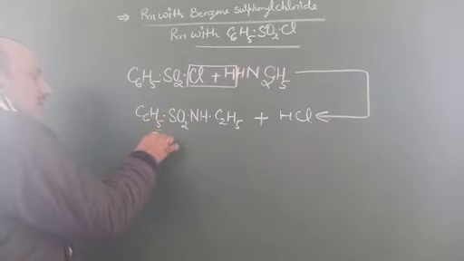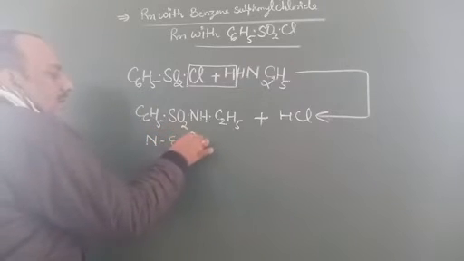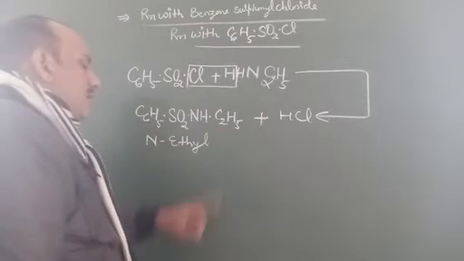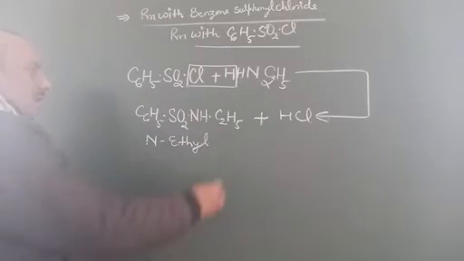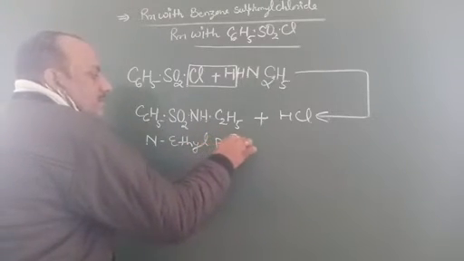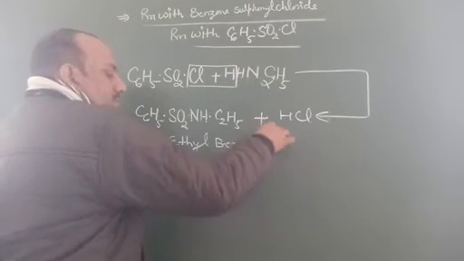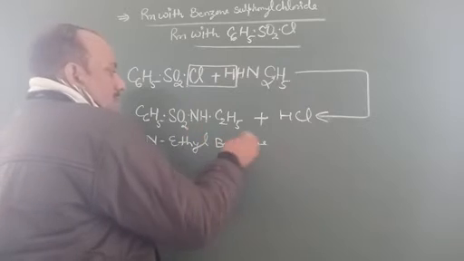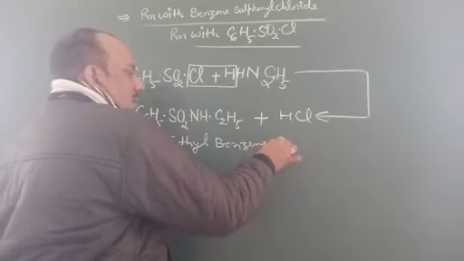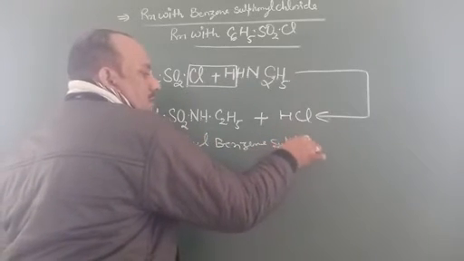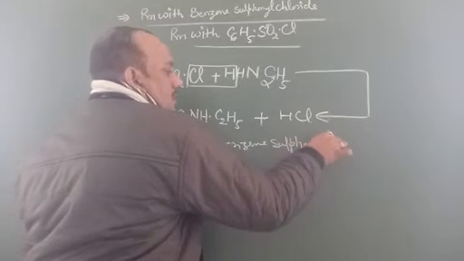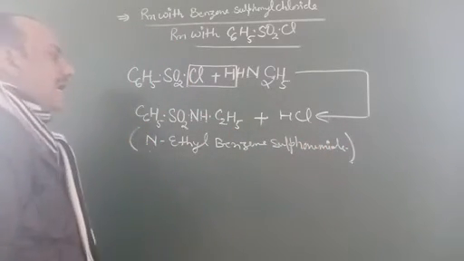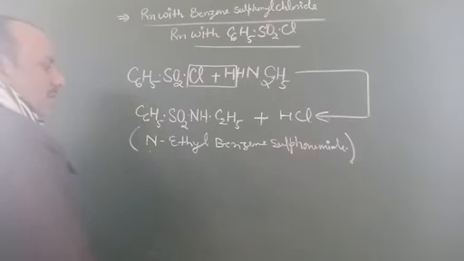Its name is N-ethyl, because here the C2H5 group is available, benzene sulfonamide. So this product is known as N-ethyl benzene sulfonamide.